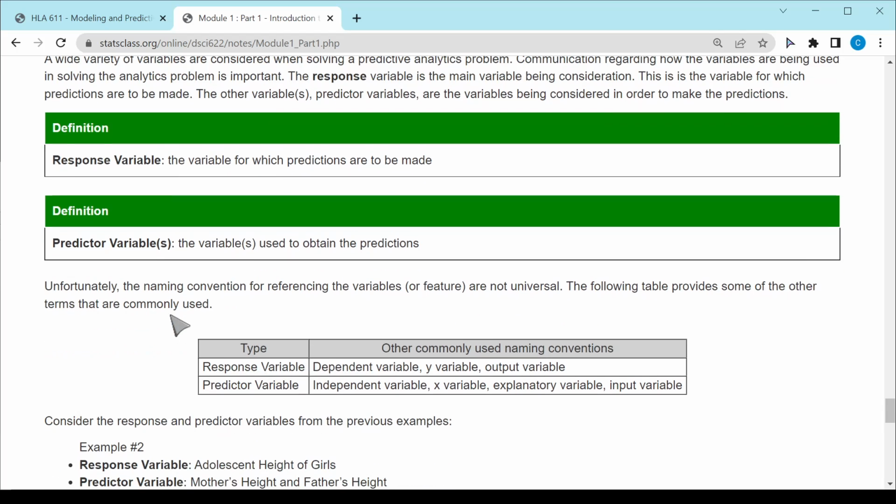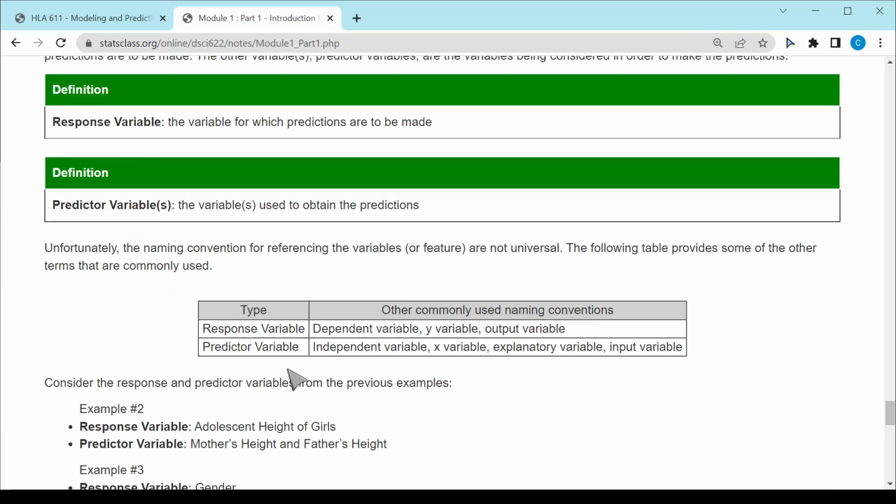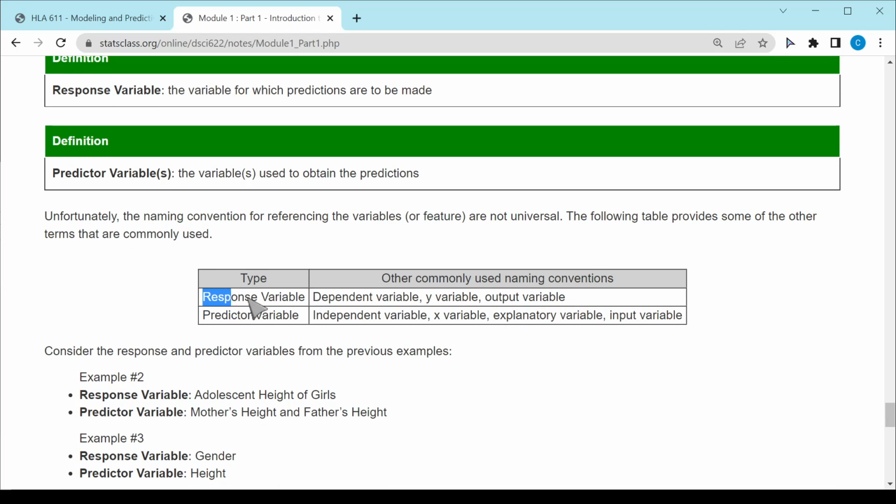Now, unfortunately, this naming convention is not universal. And there are a lot of different terms that get used in this context. So I will probably refer to the variable that we want to do predictions for as the response. But other people might refer to that as the dependent variable, or the y variable, or the output variable.